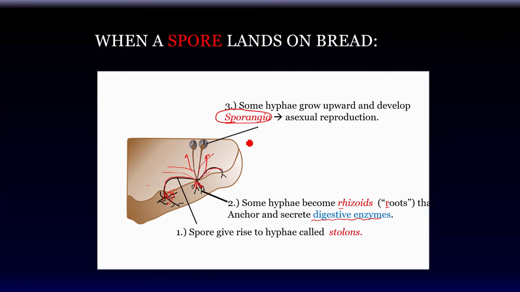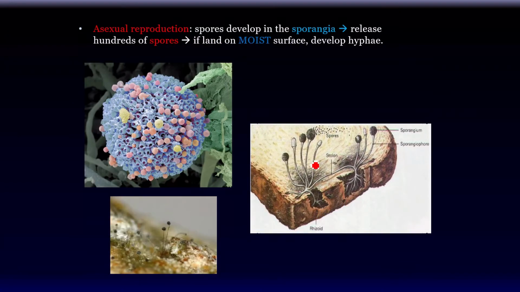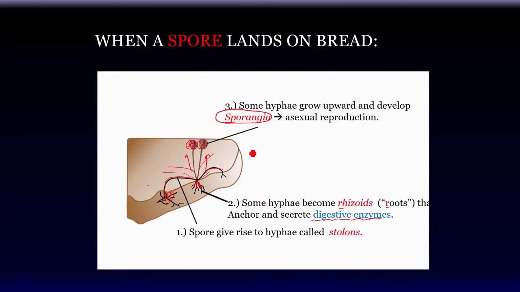They grow into structures like these, and they produce spores over here by a process of asexual reproduction. And you can imagine that's kind of like mitosis, right? So that's how the basic bread mold pattern is.